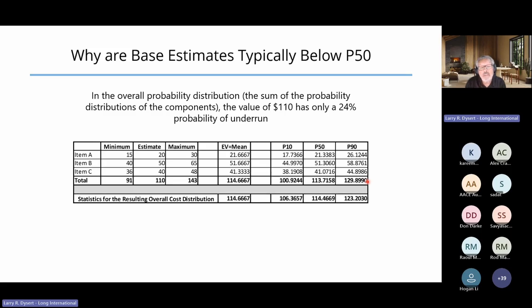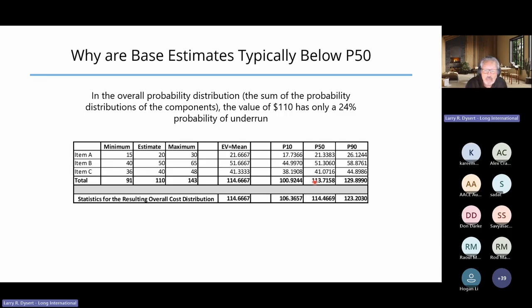The problem with skewed distributions, though, is that we can't actually just add the P50 values and say this is the overall P50 value of that resulting cost distribution. Other than a normal distribution, probabilities are not additive.